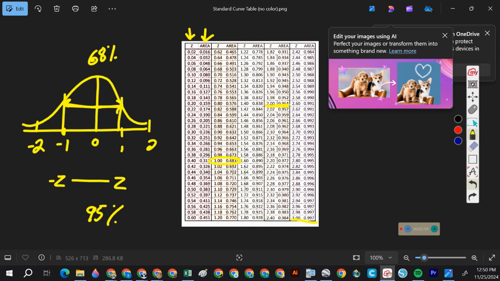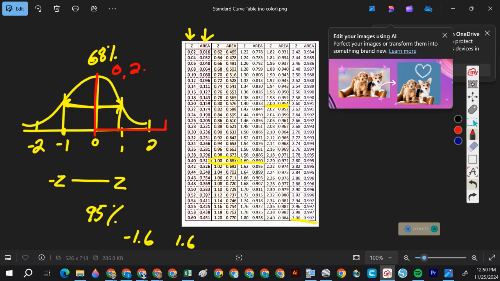So you can actually use this table to find out all sorts of areas. For instance, how much is between 1.6 and -1.6? So we go to 1.6, and I get 89%. Okay? How much would be between 0 and 2.5?